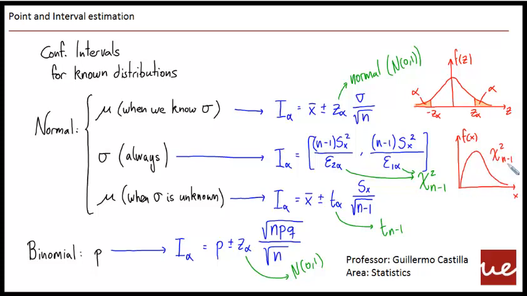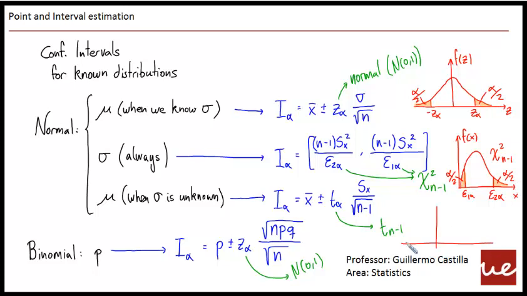Remember, it's chi-square n minus 1, so if we have 20 measurements, it's the chi-square 19, and they have epsilon 1 alpha and epsilon 2 alpha, and this area is alpha halves on each side. Let's just write this as alpha halves so no one gets it wrong there. It's alpha halves on each side for epsilon 1 alpha and epsilon 2 alpha.